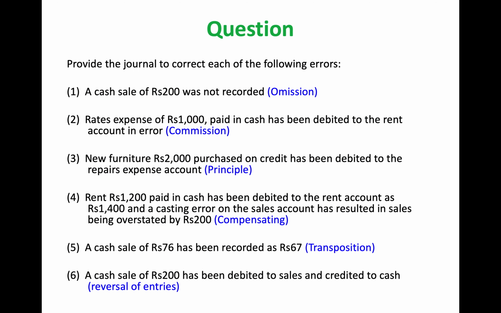New furniture 2000 rupees purchased on credit has been debited to the repairs account. This is an error of principle because capital expenditure has been treated as revenue expenditure. The credit entry has not been mentioned and therefore we need to assume this was done correctly.